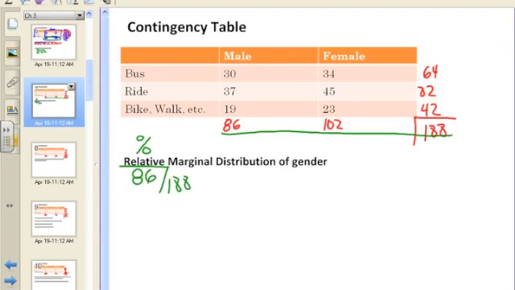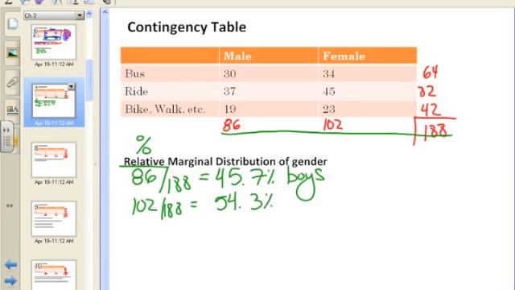I should punch that in my calculator to get my answer. I got roughly 45.7%. That's boys. Do the same thing to calculate girls, 102 out of 188. I got 54.3%. Those are girls. So this explanation right here, that's my relative, because it's in percent, marginal, I'm looking at my margin, distribution of gender, how gender is split up.